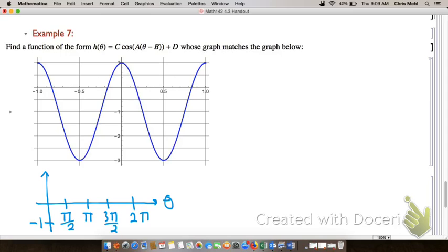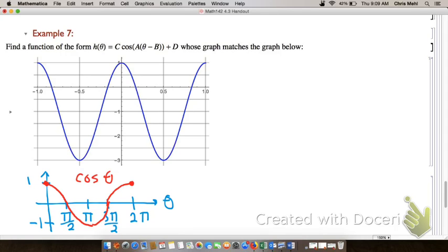Here's negative 1, here's positive 1, and then a fundamental cycle of cosine, you start at the maximum value of 1 at 0, you decrease through 0 at pi over 2, halfway through the period you're at negative 1, 3/4 of the way through the period you're at 0, the middle value, and then back to the maximum value of positive 1 at 2 pi. And this is a graph of cosine of theta.